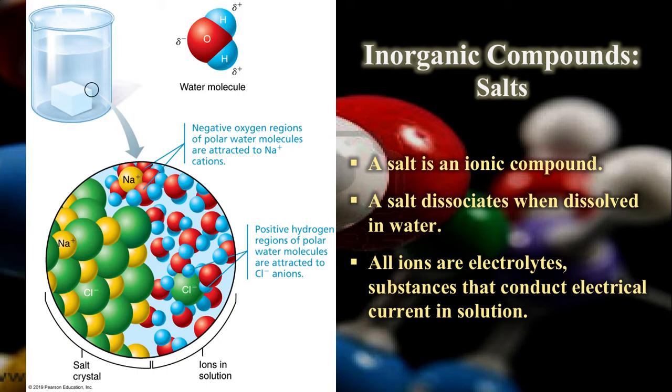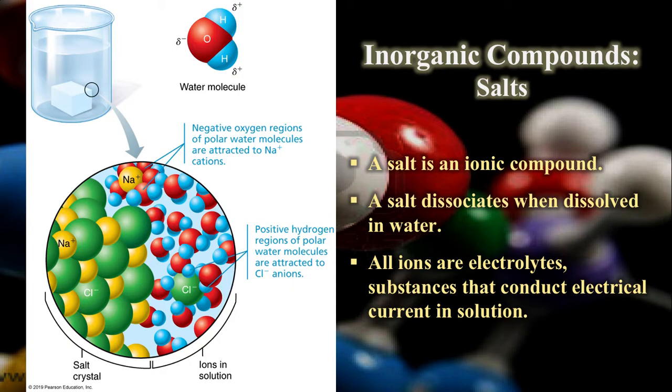Okay. So, water as an inorganic compound is really important. Our next group of inorganic compounds that are really important are salts. Okay? A salt is an ionic compound. So anything that forms with an ionic bond is called a salt. Okay? Salts will dissociate when they're put in water. So an example of a salt is table salt.